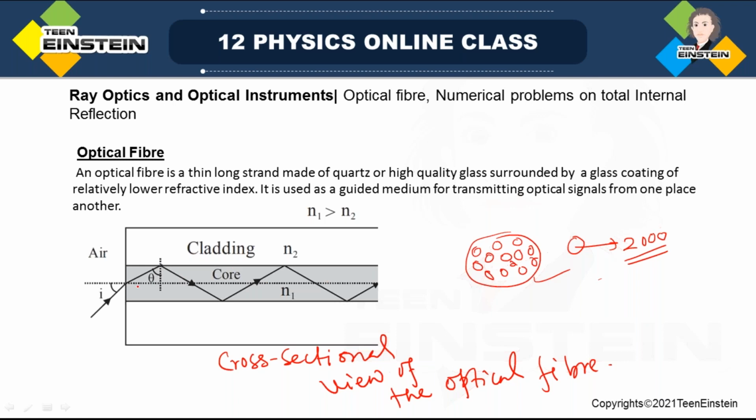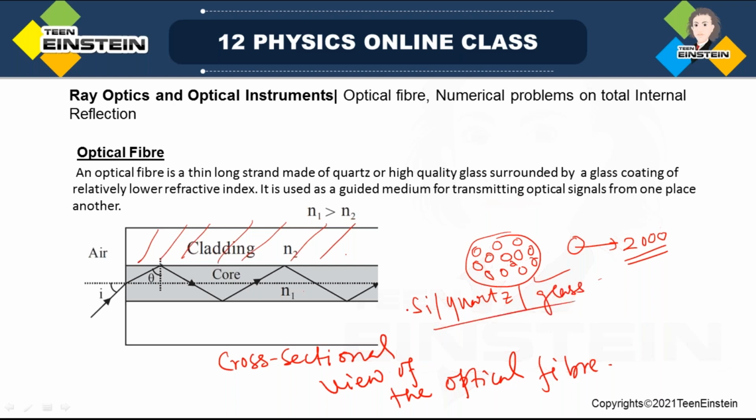Anyway, in this case you have two materials of different refractive indices. One is called the cladding, which has the lesser refractive index, and the core material, as I said, can be made of silicon or quartz or very good quality glass.